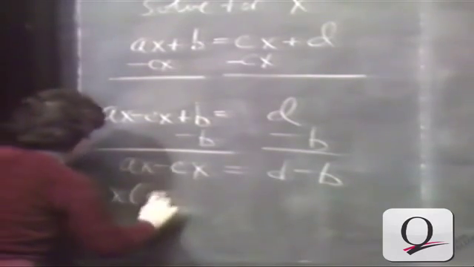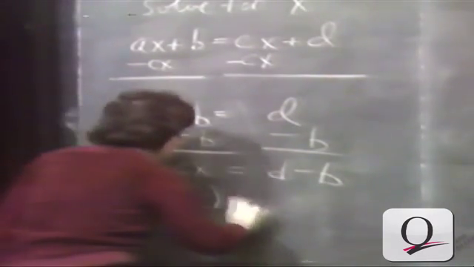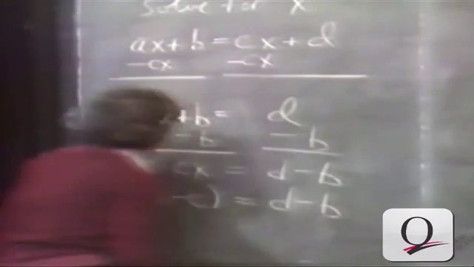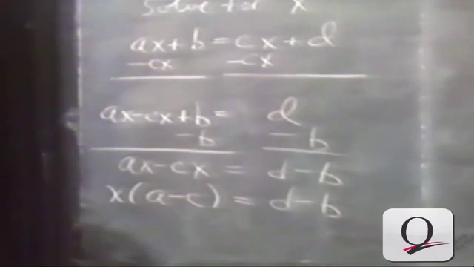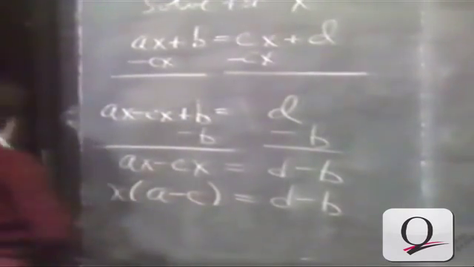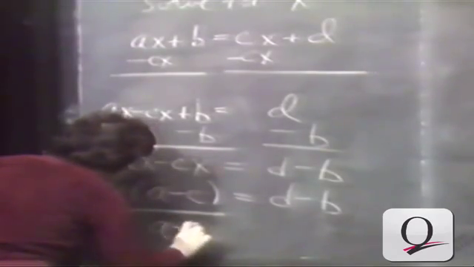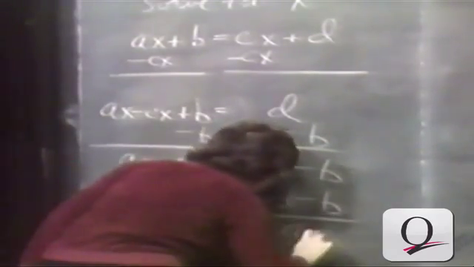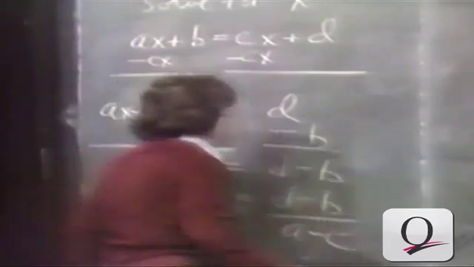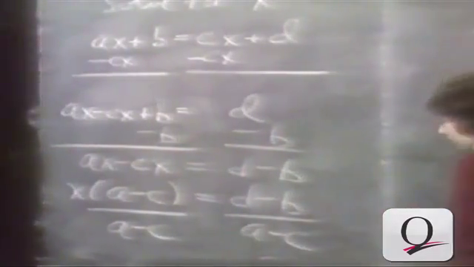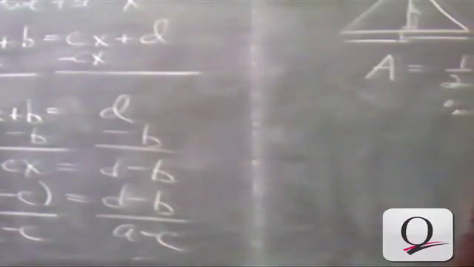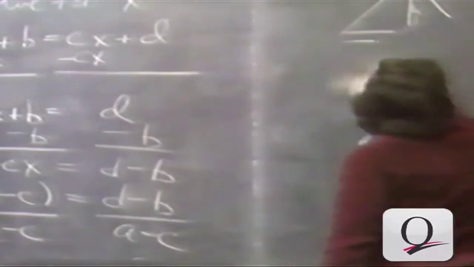Here, x times a minus c equals d minus b, and divide both sides of the equation by a minus c. We're assuming that all these divisions are possible, that a is not equal to c. Otherwise, we'd have division by 0.